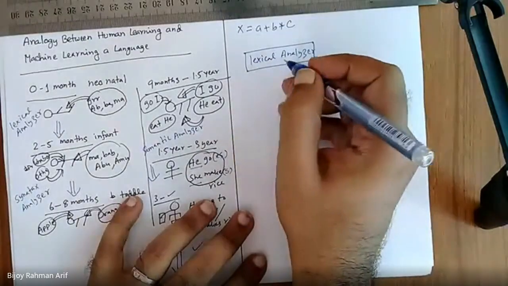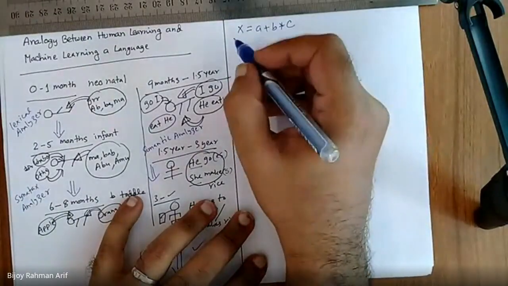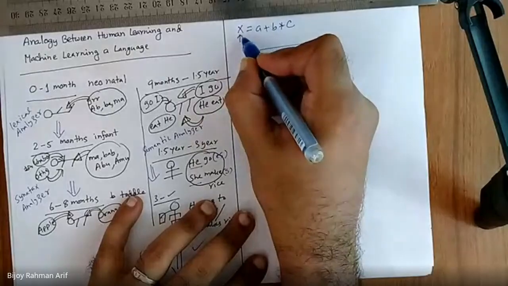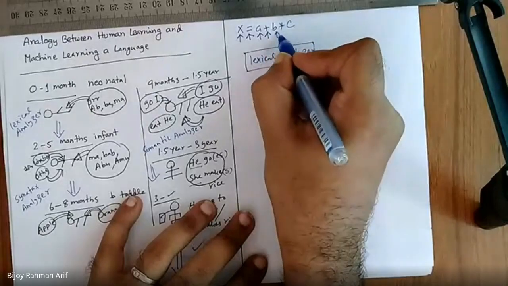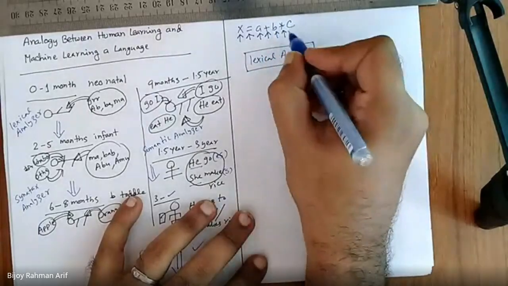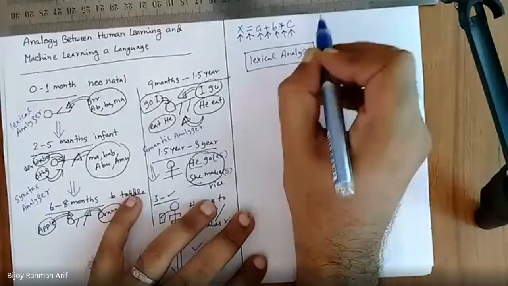It will start reading character by character. So at first it will read x, then it will read equal, then a, then plus, then b, then star, then c, then it will stop over here.